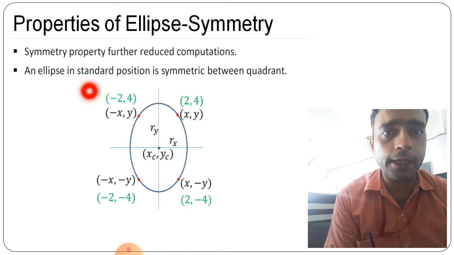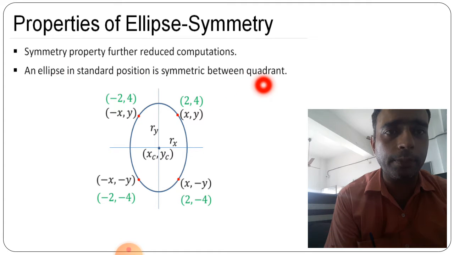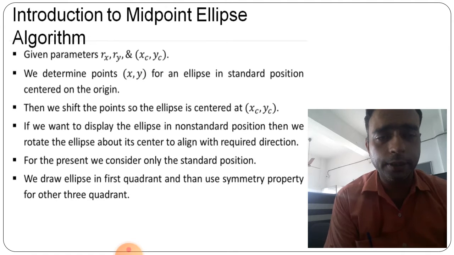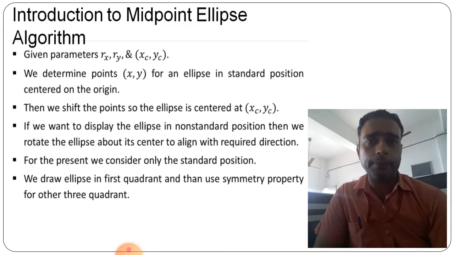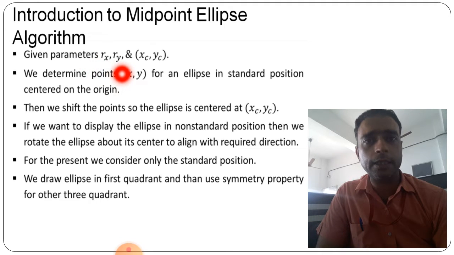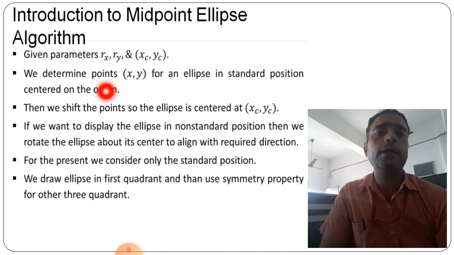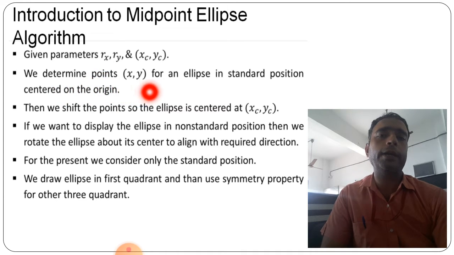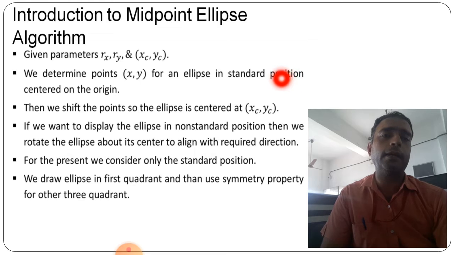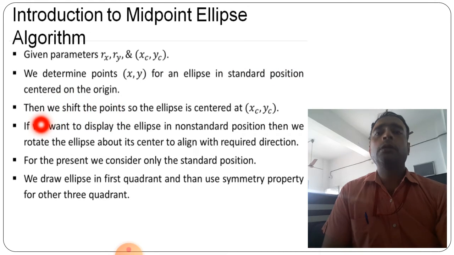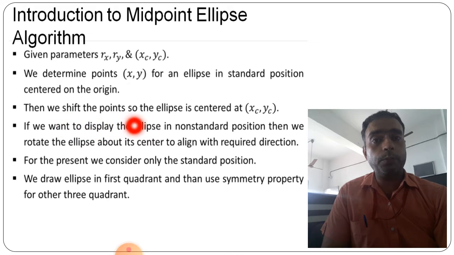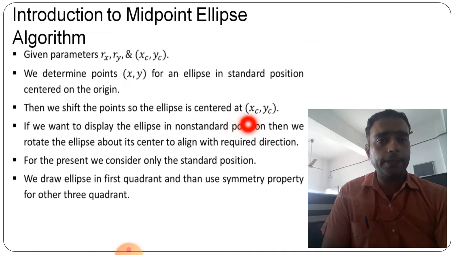So ellipse in standard position is symmetric between quadrants, we can say. Here are the parameters that are given, that is rx, ry and xc comma yc. So we determine the points x comma y for an ellipse in standard position centered on the origin. Then we shift the points so the ellipse is centered at xc comma yc.